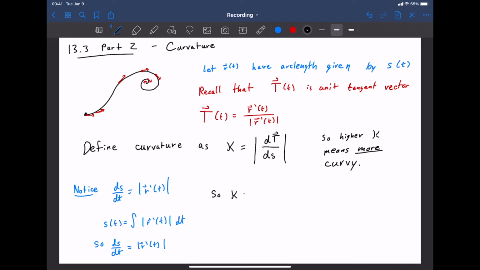So another formula for kappa, another formula for curvature, is going to be the derivative of the unit tangent vector divided by the magnitude of r prime. I'm going to center that so it looks a little nicer.